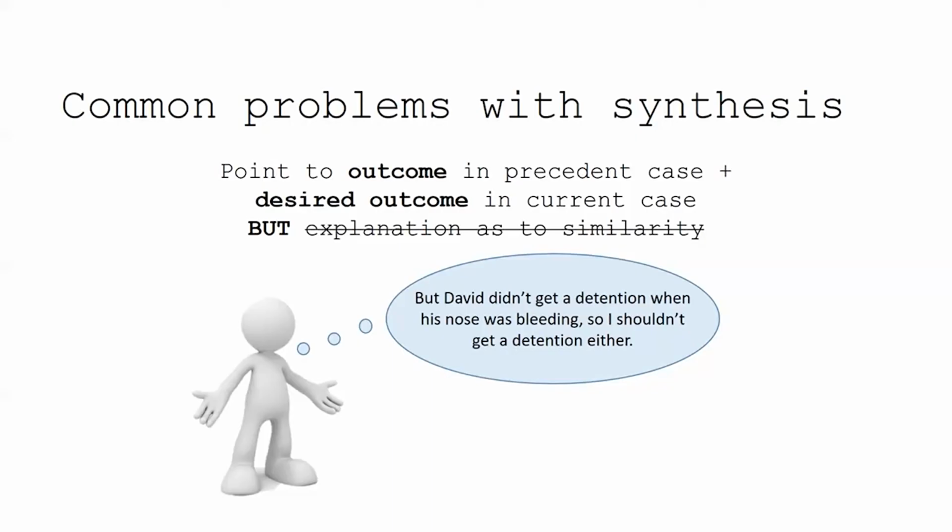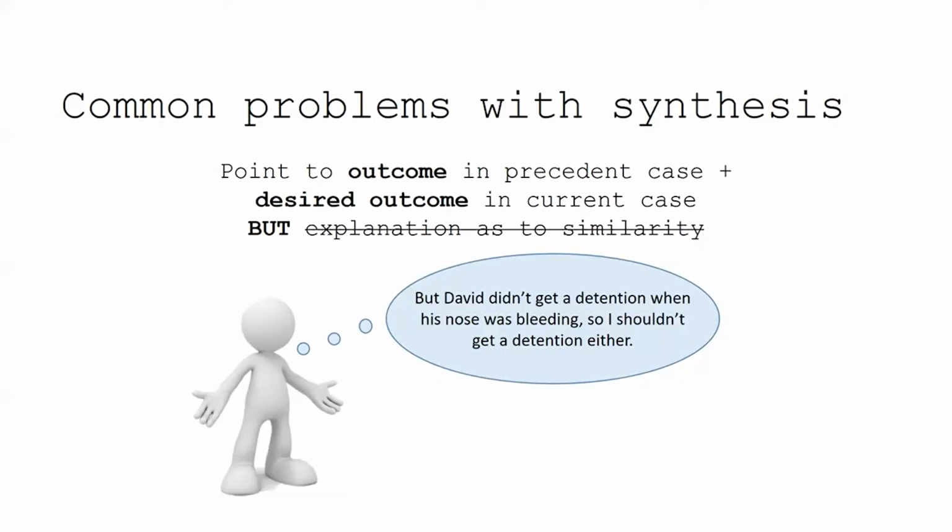So an example might be, if the person gets stopped, the person may say to the teacher, but David didn't get a detention when his nose was bleeding, so I shouldn't get a detention either. And that's the student who has to go to the restroom, of course. But does that really explain why a nosebleed is like going to the restroom? Perhaps we can infer it.